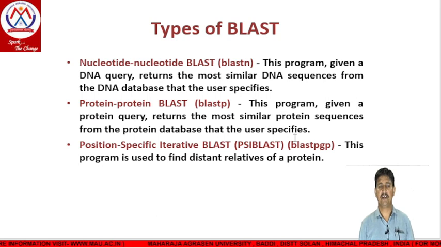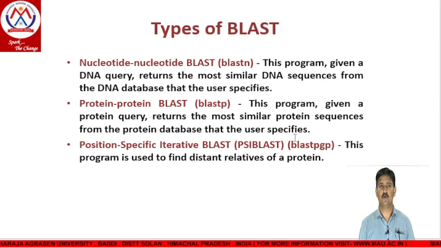Types of BLAST: nucleotide BLAST or BLAST-N. Given a query DNA, this program returns the most similar DNA sequences from the DNA database that the user specifies. In BLAST-N, we use the nucleotide sequence as a query sequence to find similar sequences.